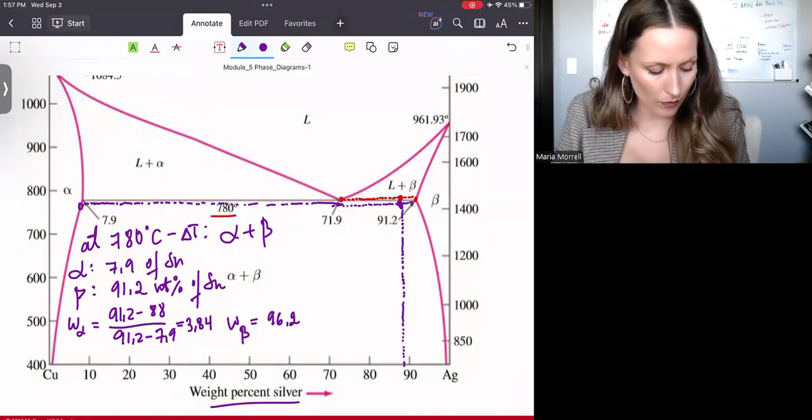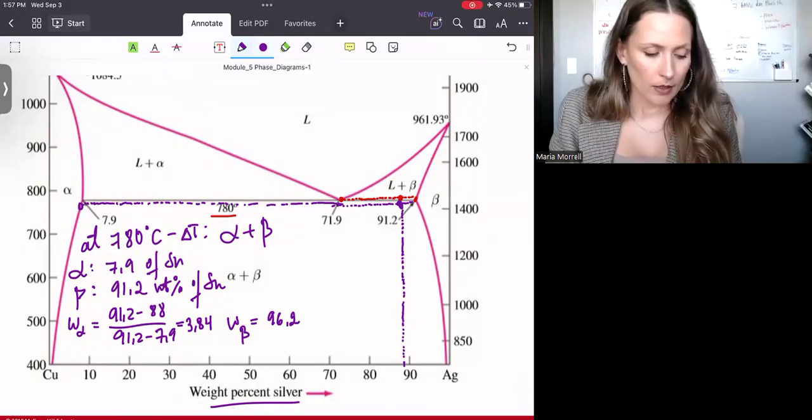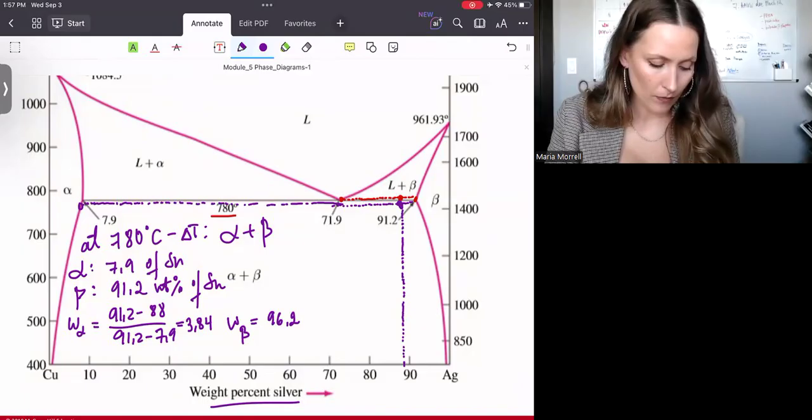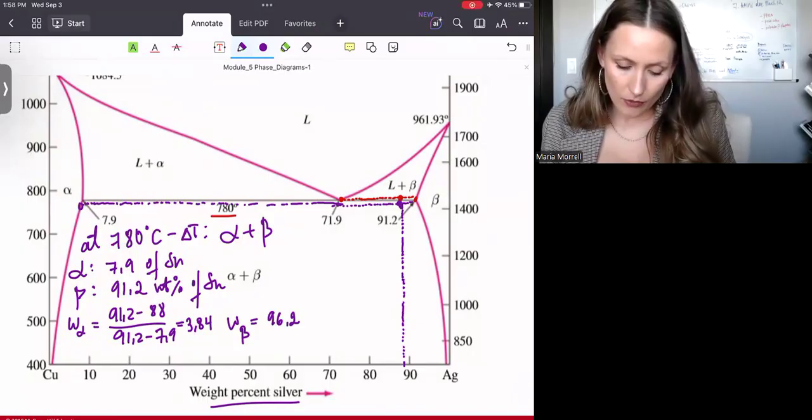Did I get it right? Technically, yes. So, no, where do I get 0.4?